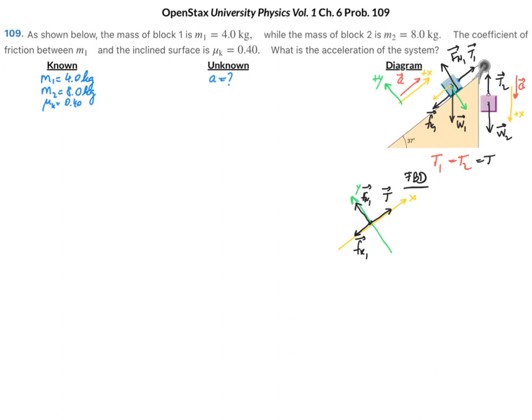So if this is my 37-degree angle, then let's try to figure out the geometry here. So if I were to draw a line that's parallel to this line, but up here, then I will have alternate interior angles there that are equal to one another.